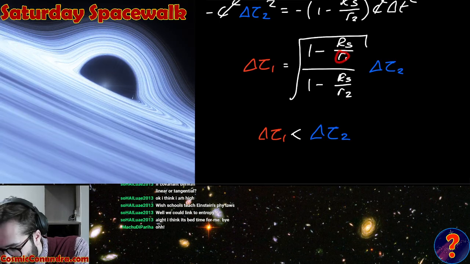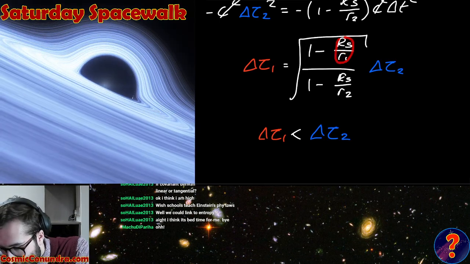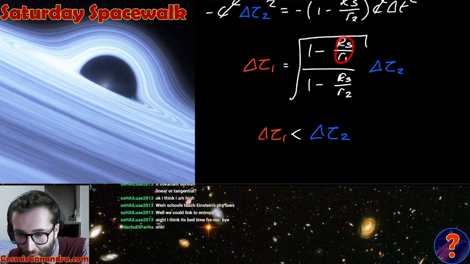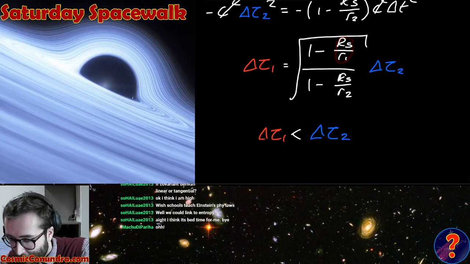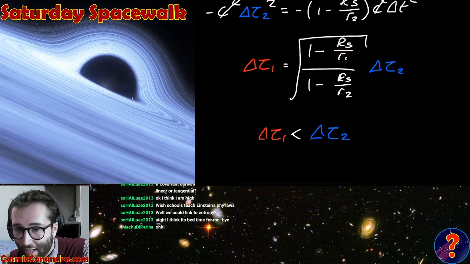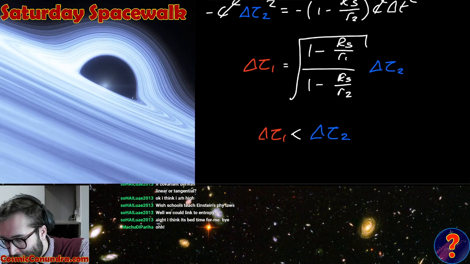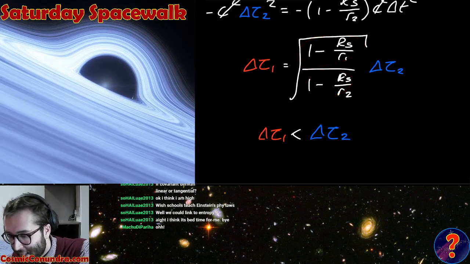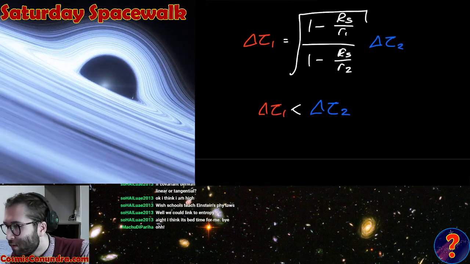Because this thing here is smaller, therefore this whole term, this RS over R1, will be bigger. It'll be closer to 1, because the radius is always outside of the Schwarzschild radius. We're not thinking about things inside of the black hole. Therefore, this term up here will be smaller than this term up here. So delta tau 1 will be smaller than delta tau 2.